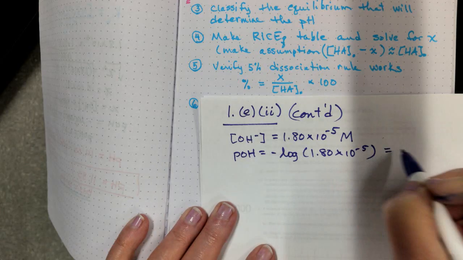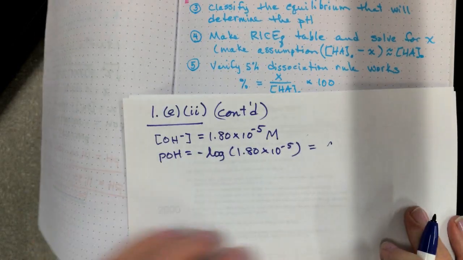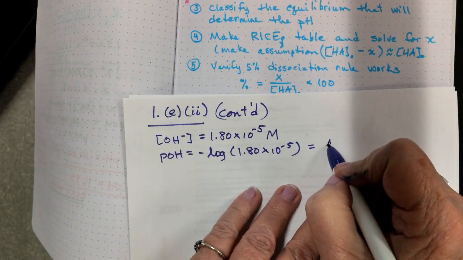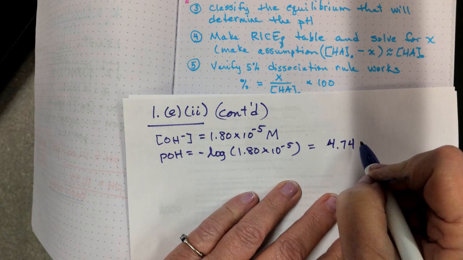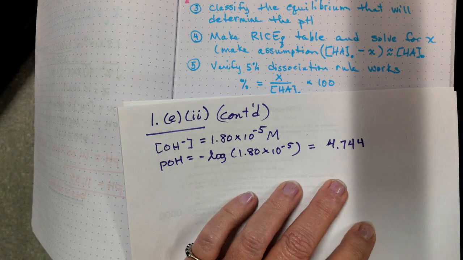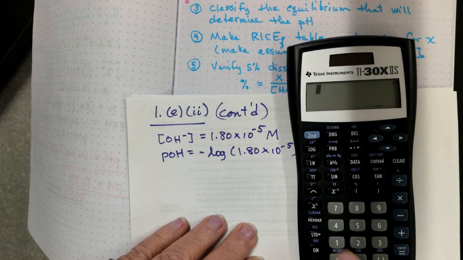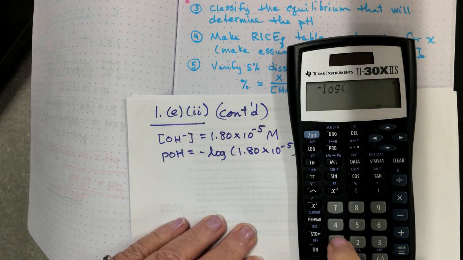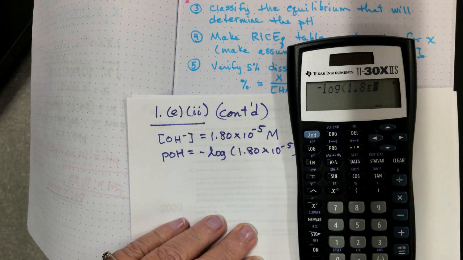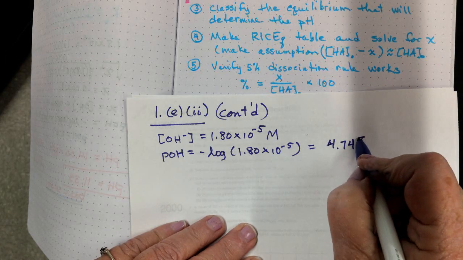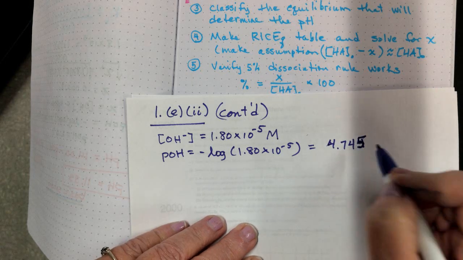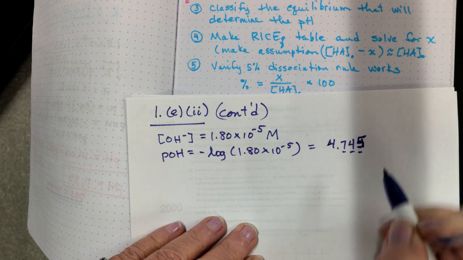And which equals 4.74, sorry, I think. 4.4 if we go to 3 sig figs. Let's check it. Negative log 1.8 E negative 5. 4.745 actually. 4.745 if I round that. That gives me 3 sig figs.